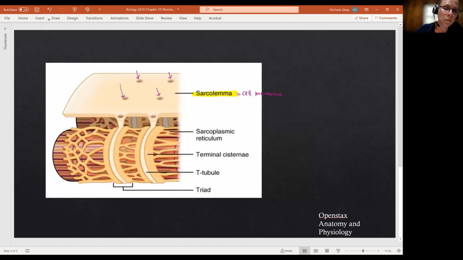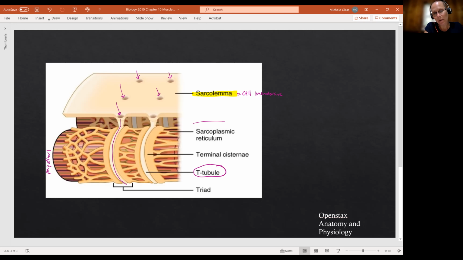And in our diagram, we can see that that hole is the extension of the cell membrane coming down and then circling around our myofibril. So this is called our t-tubule or transverse tubule. So notice that the t-tubules, I talked about them as going into the middle of the cell. And here we see that they wrap around the myofibril.